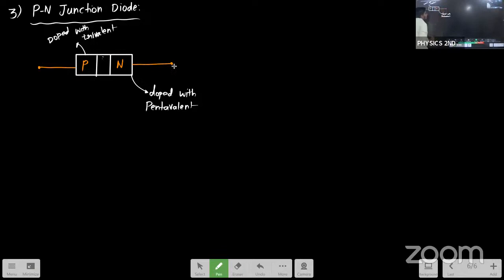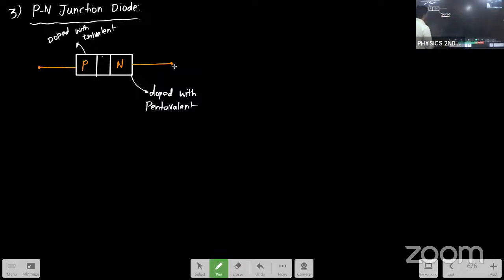So this is the formation of a PN junction diode. How should you write the answer? When a pure semiconductor is doped in such a manner that half part is doped with trivalent impurities and the other half part is doped with pentavalent impurities, then we'll get a PN junction diode.